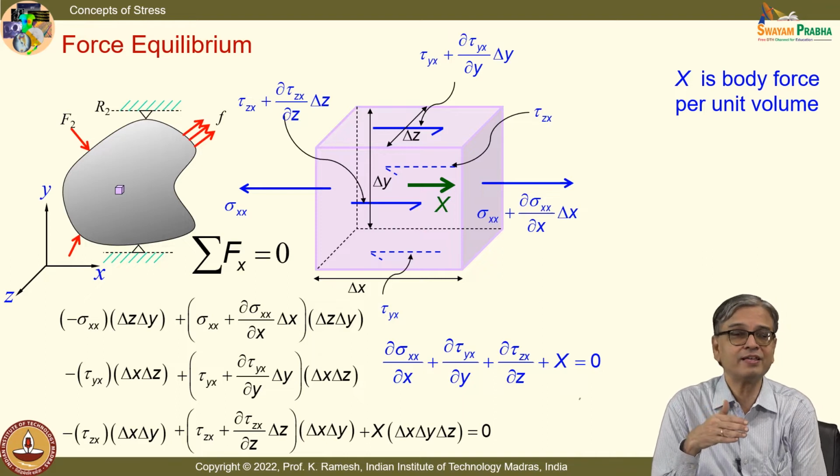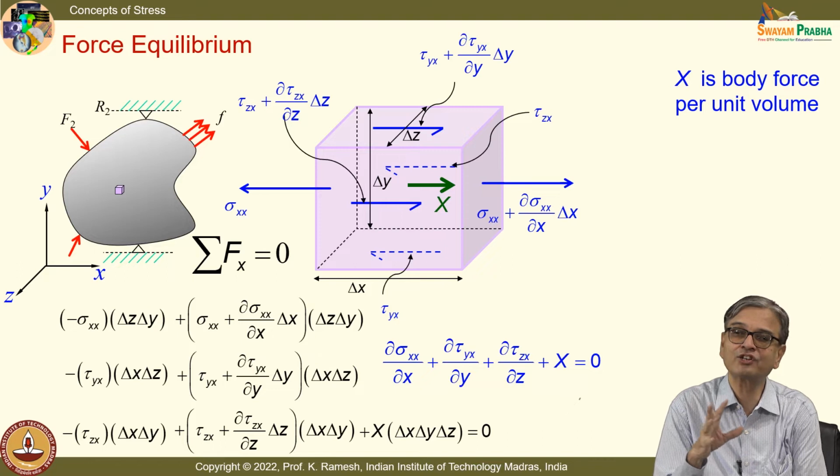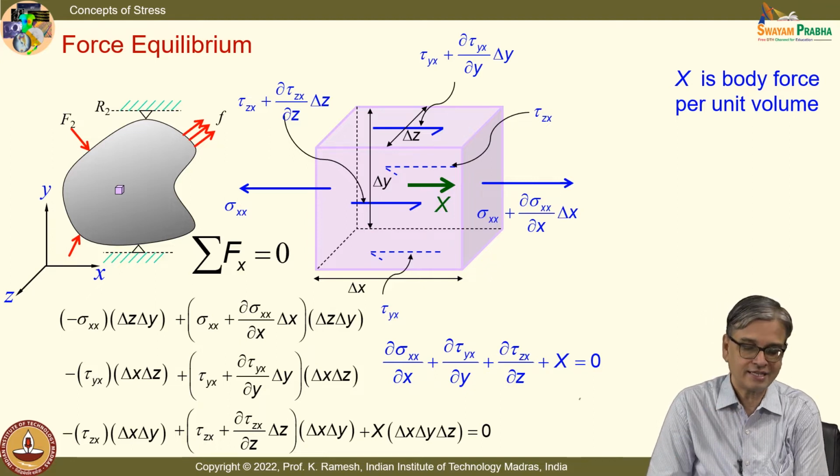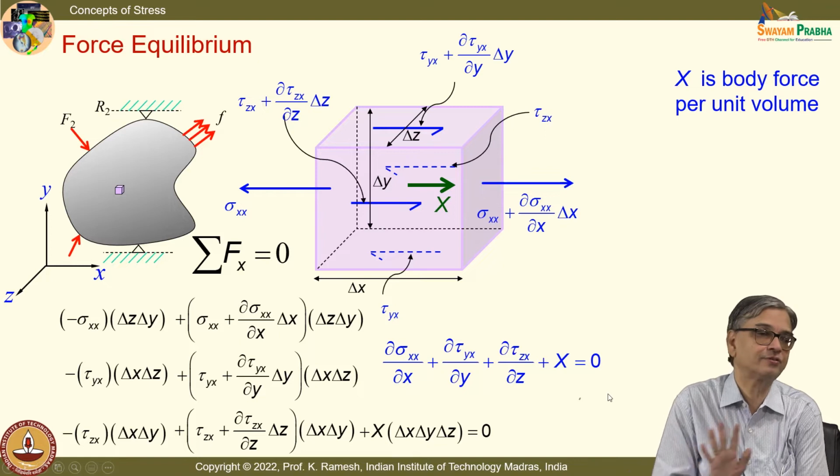Because I have infinitely many systems possible when I have a collection of particles. When I am looking at a deformable solid, the differential equations take care of that. So I get the equilibrium condition along the x direction as dou sigma xx by dou x plus dou tau yx by dou y plus dou tau zx by dou z plus the body force X equal to 0.